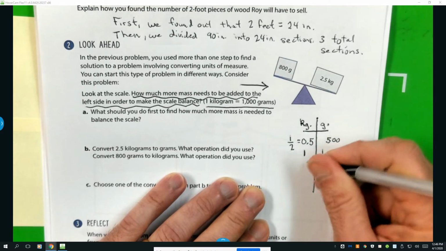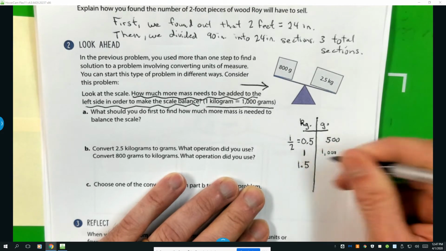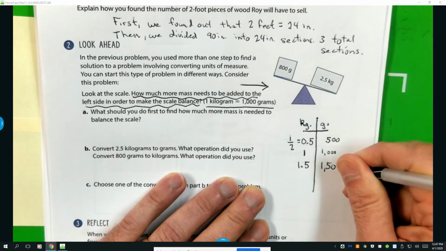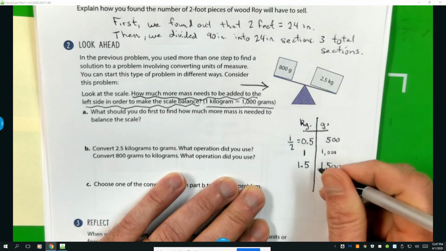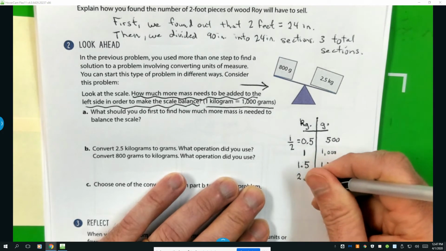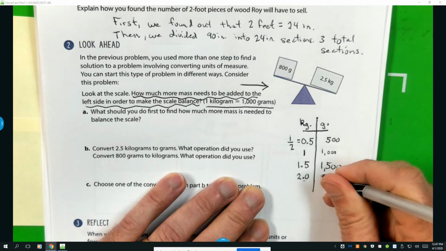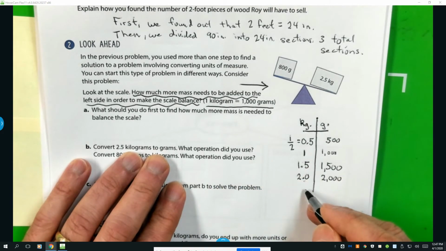And now we'll just keep moving. We're going to keep getting larger. I know that 1.5 equals 1,500 grams. And I know that 2.0, which is the same as 2, equals 2,000. And now we're just going to keep building our way up.